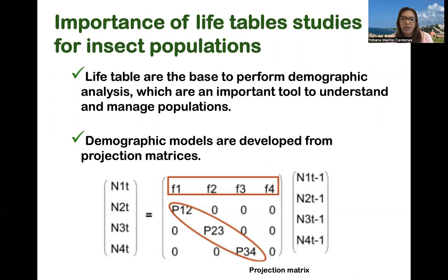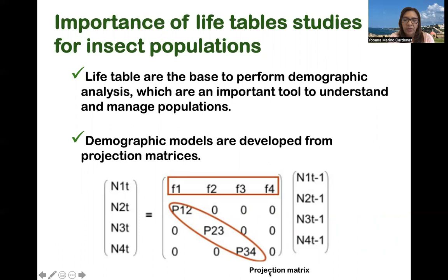And this type of analysis could be used in two ways, for example, to protect endangered species or to improve the management of insect pests like the coffee berry borer. These demographic models are developed from a projection matrix.